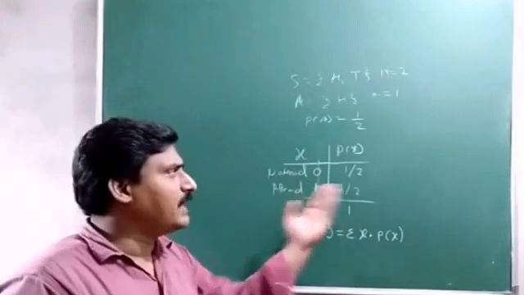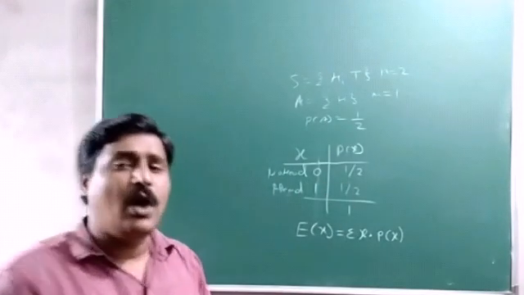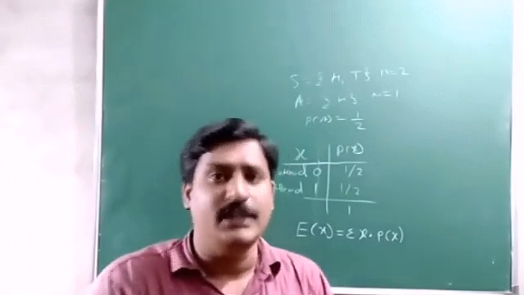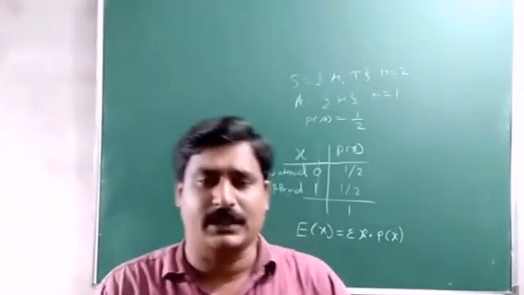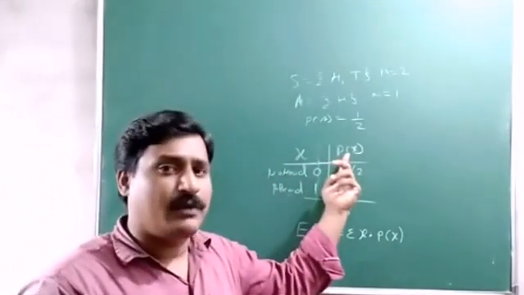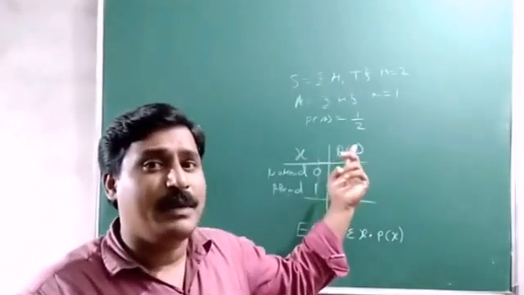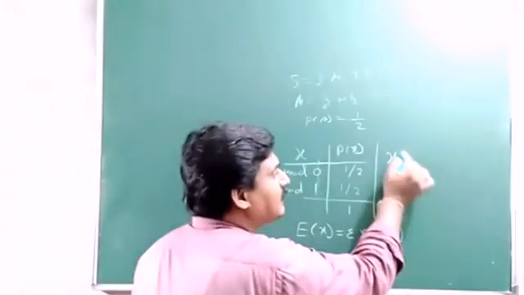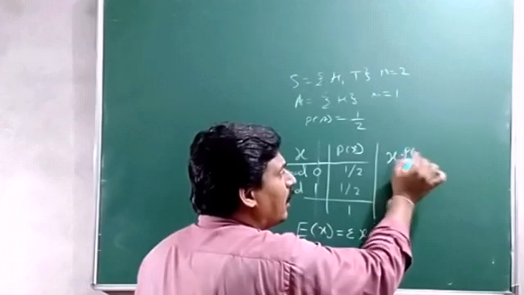Multiply both x and P of x. How do we find mean for a frequency distribution? Summation f into x. Here, instead of f we have probability P of x. So the next column is x into P of x.